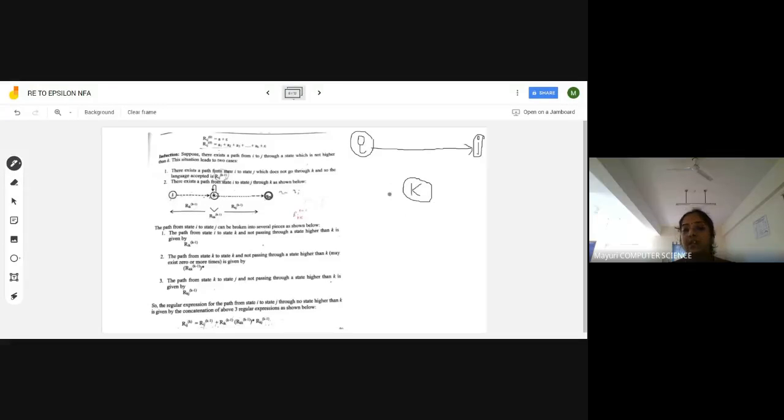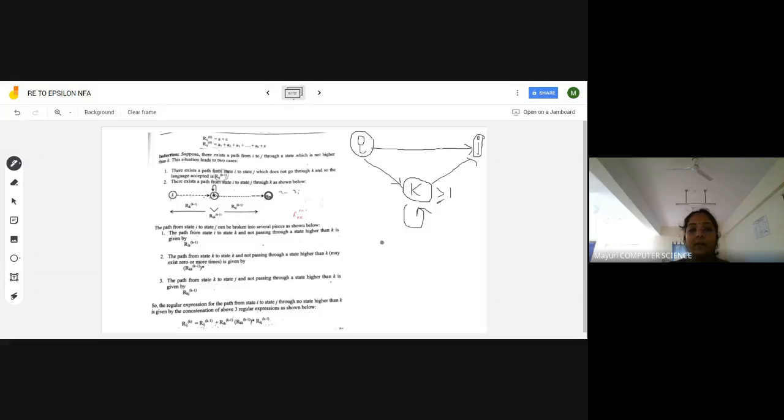Any number of intermediate states, the K value is greater than or equal to 1. So this is one path, this is one path, and this is one more path. And the intermediate states can be rotating inside themselves. So understood? From I to J, either I may go directly, as I told you earlier, or else I will go to K, where I have intermediate states in between multiple times, then I will go here.